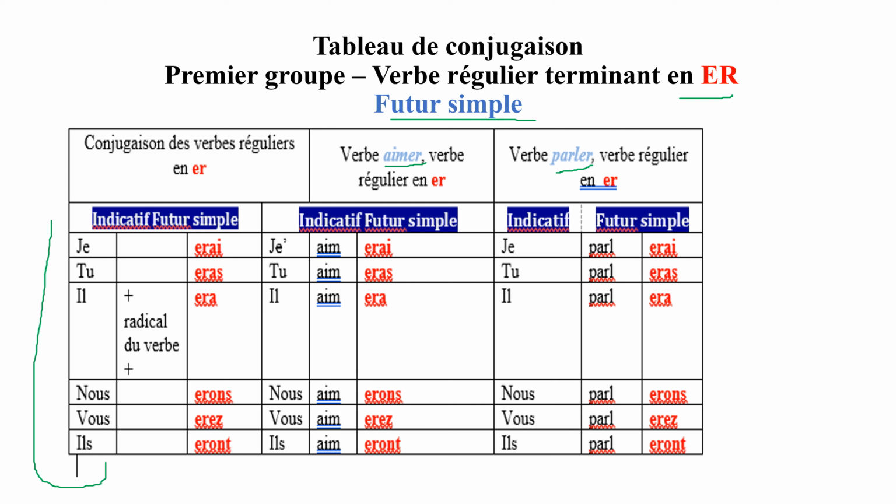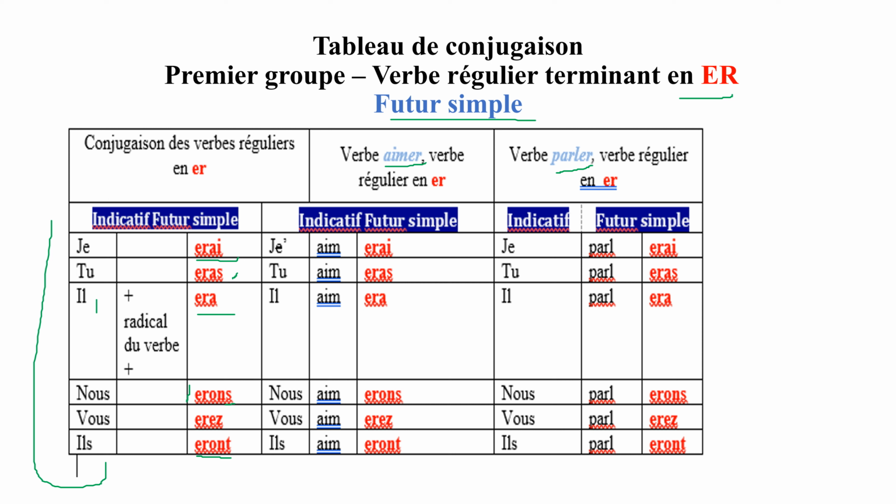We take the radical du verbe, the root of the verb, and all we need to do here is add ERAI for the first person singular, ERAS for the second person singular, ERA for the third person singular. Now, first person plural, ERONS. Deuxième personne, second person plural, EREZ, and the third person plural, ERONT.